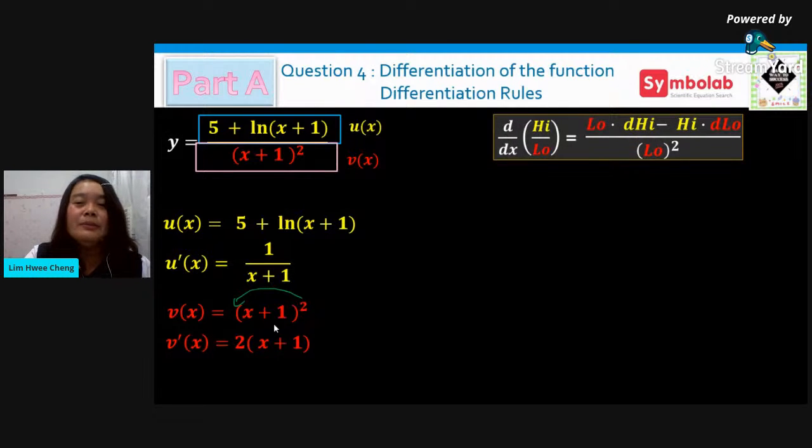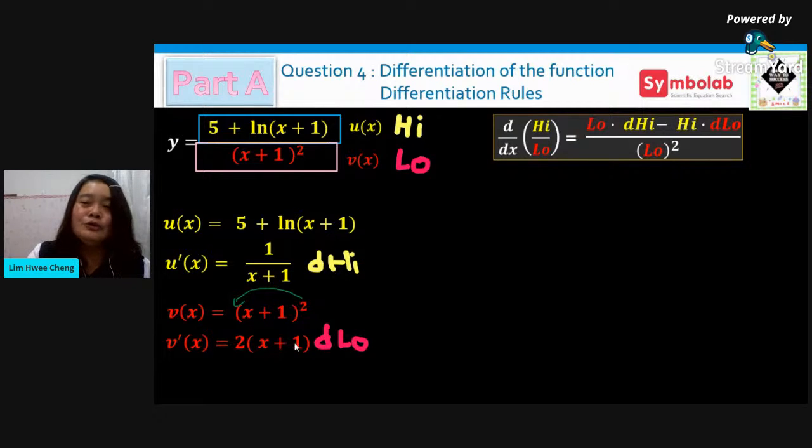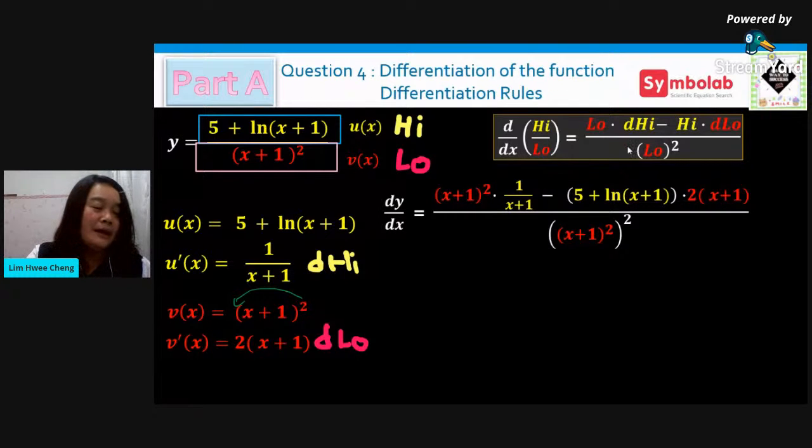Okay, then you apply the high-low formula. That means u is high, v is low, so v prime is the d high and u v prime is the d low. You just substitute inside the formula one by one, the corresponding functions or expressions.